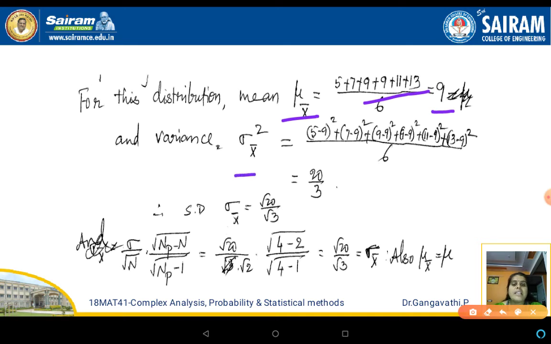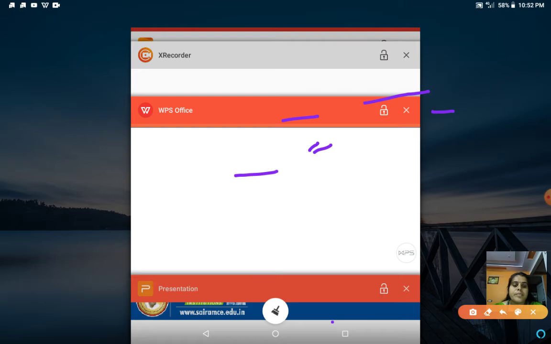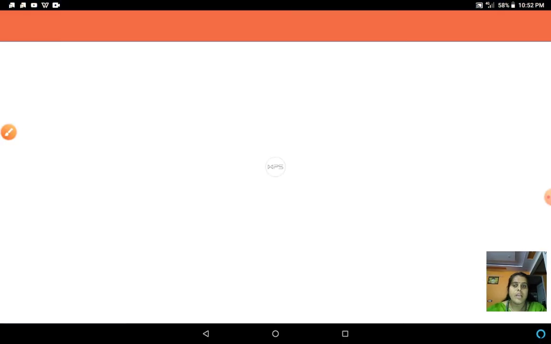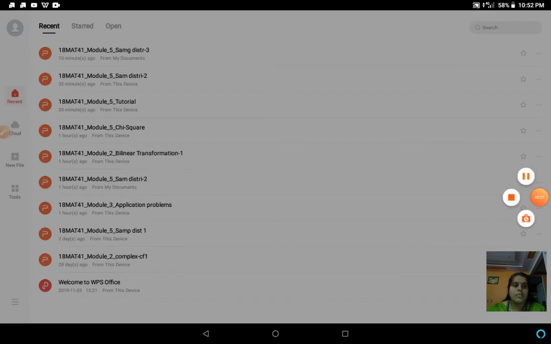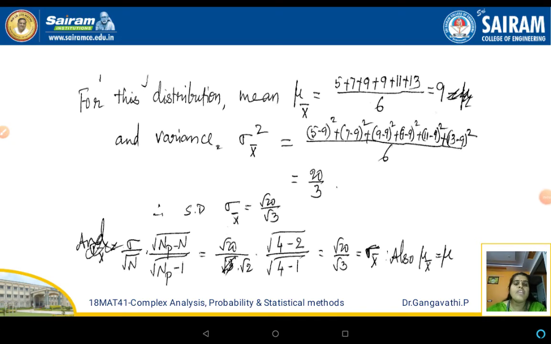And the variance is sigma x bar square, which we have to evaluate as we did in the previous case. Every mean of the sample must be subtracted by the mean value of the samples, that is 9, mu x bar.